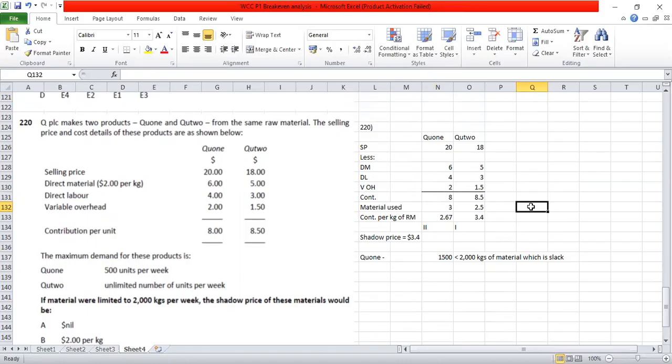So one unit of material added to Q2 adds a contribution of 3.4 per unit. Therefore, shadow price is connected to 3.4. That is Q2, which is 3.4. Okay, ma'am, now I understood.